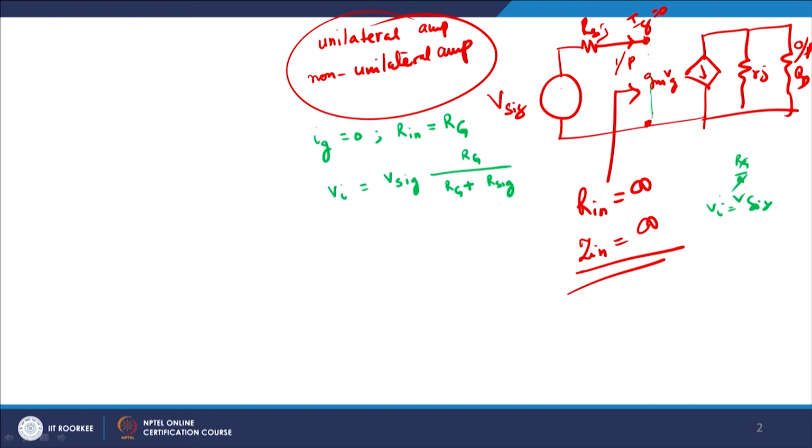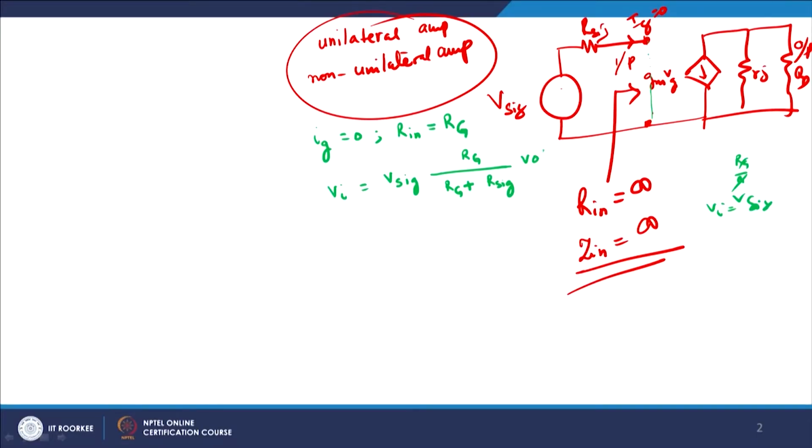That means ideally if your MOS device would have shown you an infinite resistance, my input signal and the actual signal given by the voltage source will be exactly equal to each other, but since they are not, I will have a voltage divider network here, and therefore it gives me a value of Vi here.